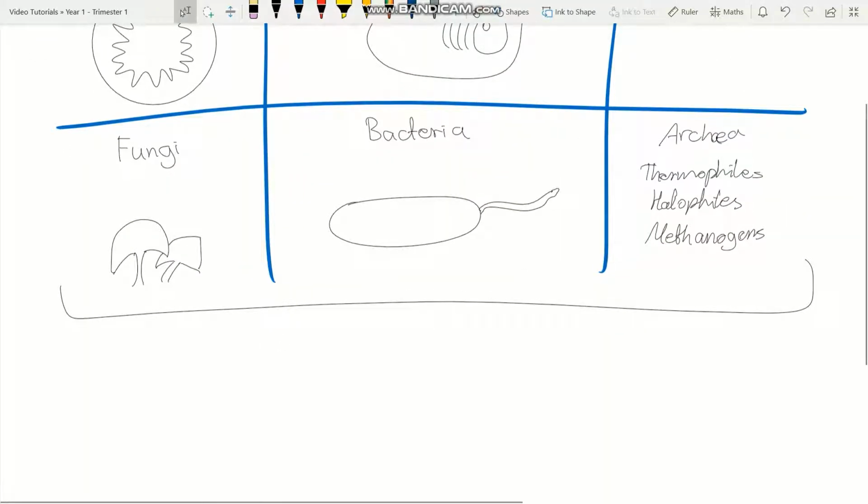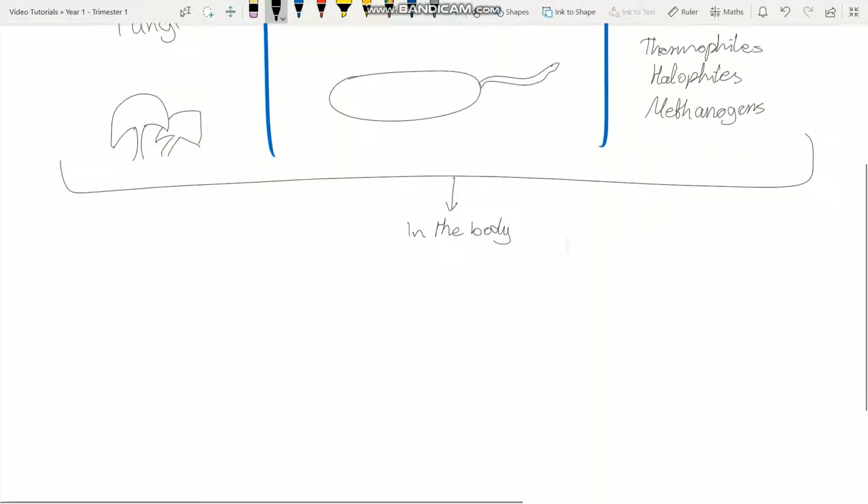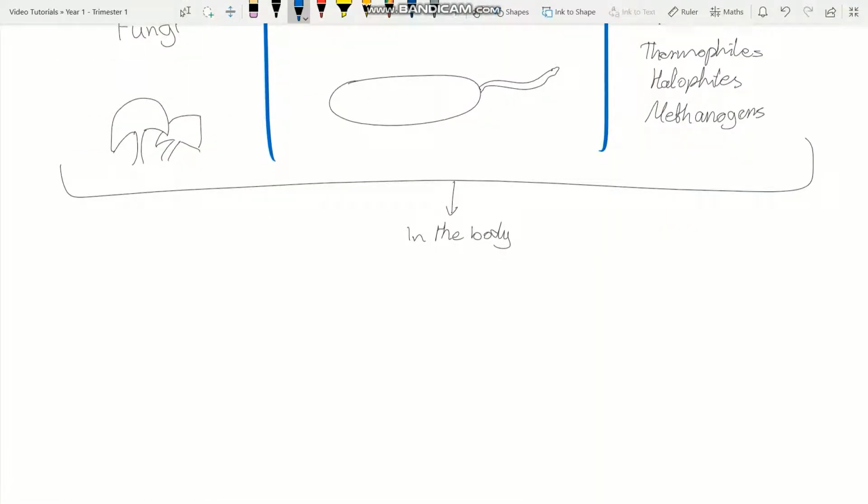And microbes can also be present in the body. And we give a special name to these microbes. These microbes are called normal microbiota. And believe it or not, they're present on a lot of surfaces in the body.